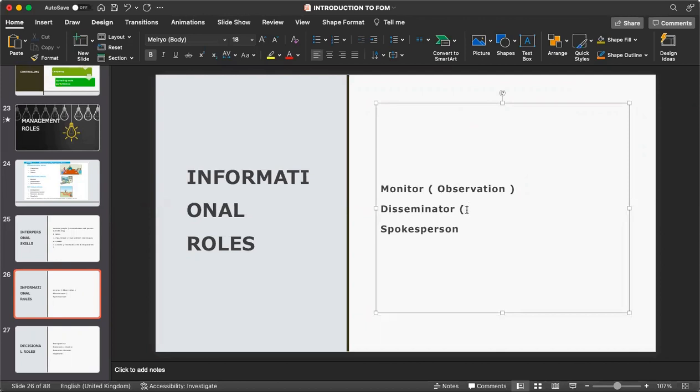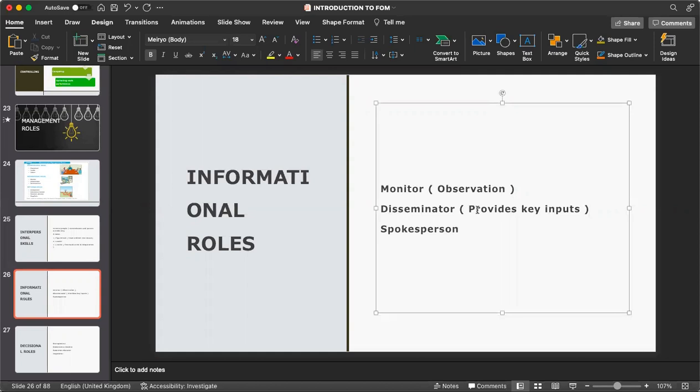Disseminator is someone who provides information, or provides key inputs, to the company. Key inputs means, for example, in a finance company, a particular individual, a consultant or an analyst.